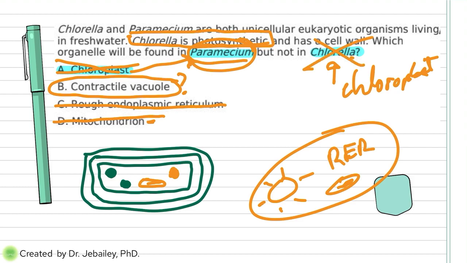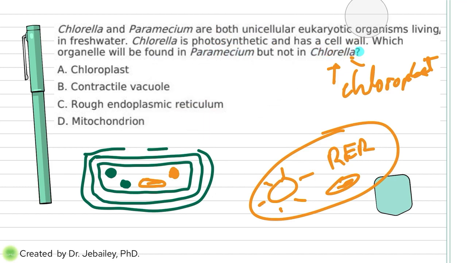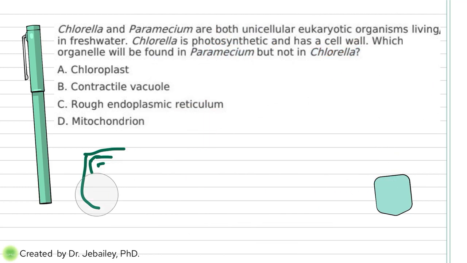So you could have done this by just guessing, eliminating the other ones. But before I even get to that, if you actually did study chlora and Paramecium, you would know that Paramecium has the contractile vacuole. So this is based on knowing the information from your studies. But what I did here was, if let's say you forgot to study, how would you eliminate? Once again, cancel the chloroplast because chlora does have it.